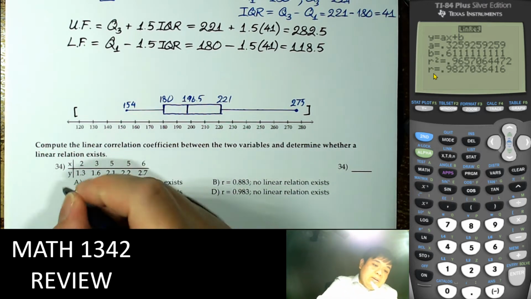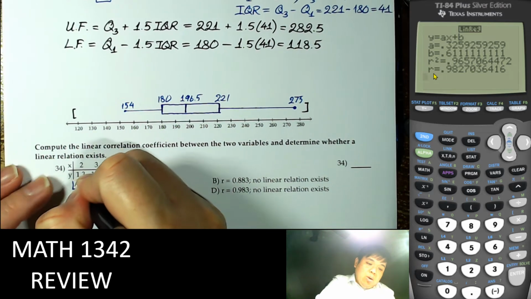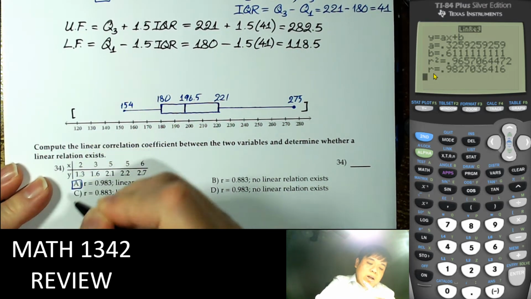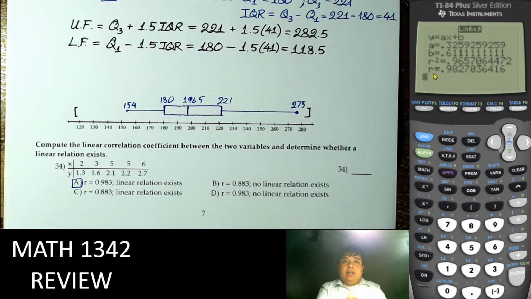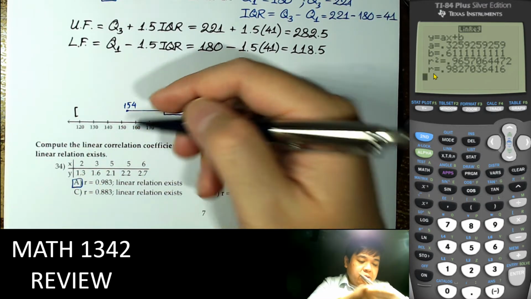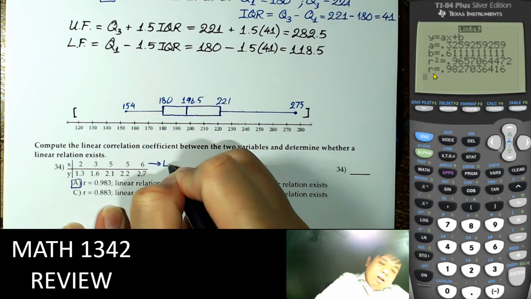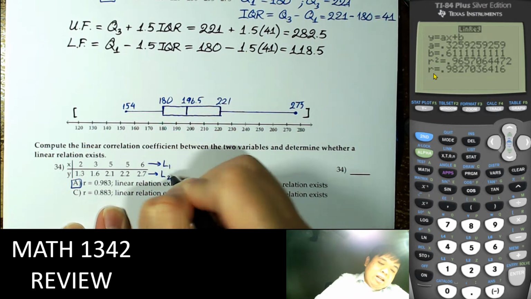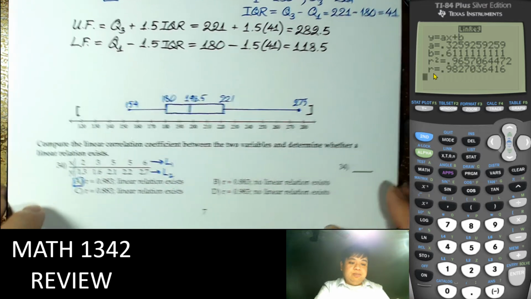And that's a very high number. That is close to 1. The closer this is to 1 or -1, the better the relation. So this one is very close to 1, so the relation surely exists. Again, just put x into list 1, y into list 2, and then find the relation.